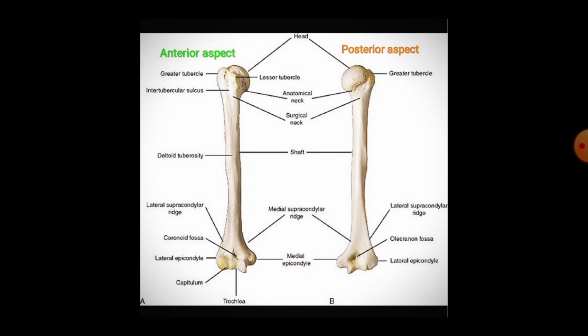This is the shaft, and this is the lateral supracondylar ridge and the medial supracondylar ridge, and this is the olecranon fossa, just above the posterior aspect of the trochlea. This is the lateral epicondyle and this is the medial epicondyle.